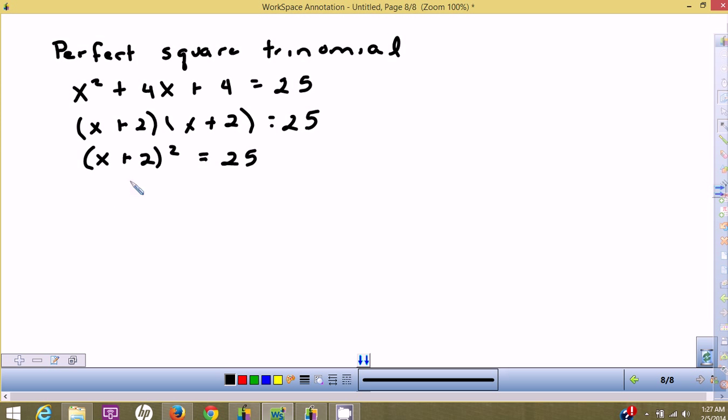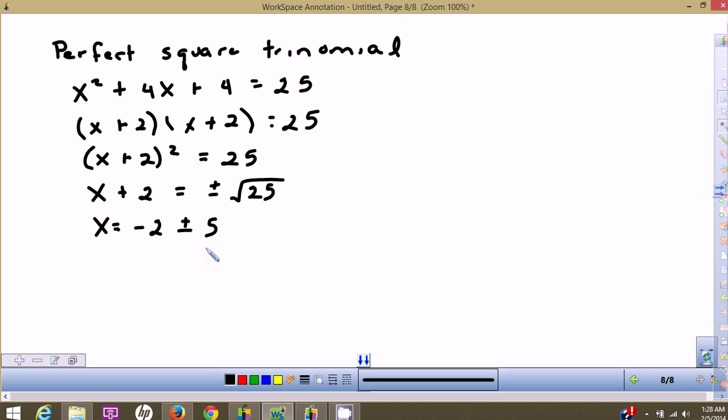So the square root of (x plus 2) squared is x plus 2, which is equal to plus or minus the square root of 25. Solving for x, x is equal to, subtract 2, negative 2 plus or minus the square root of 25, which is 5. Now this shows us that we have two solutions to this quadratic.